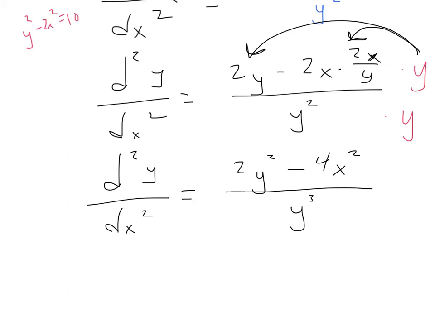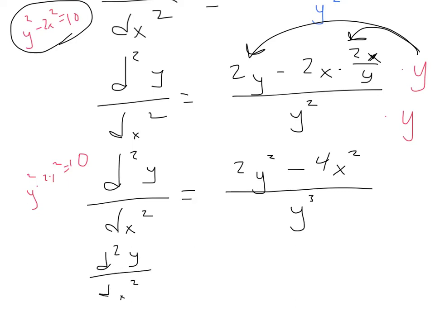So now, remember I said this thing right here? Remember I said we needed to remember that y squared minus 2x squared equals 10? So this is the magic that I promised you. In the numerator, I'm going to factor out 2. If I factor out 2, I'm left with y squared minus 2x squared all over y cubed.